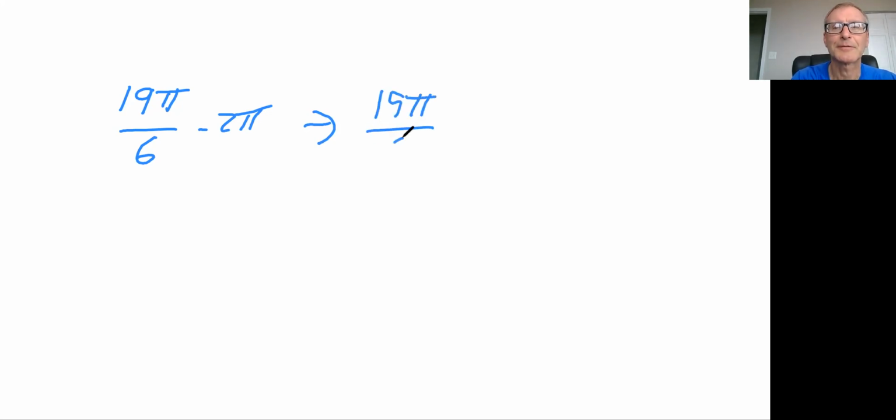So the strategy would be 19 pi over 6 minus 2 pi. Find the common denominator 6, so that would be 12 pi over 6. And 19 minus 12 is 7, so that would be 7 pi over 6.